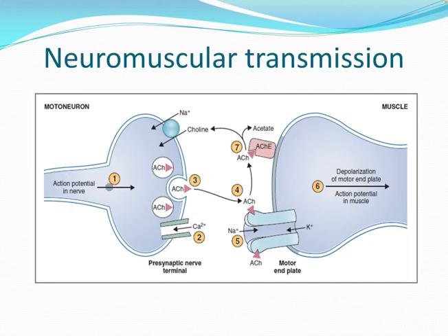So these are the steps of neuromuscular transmission. The propagated action potential reaches the nerve terminal and leads to the opening of voltage gated calcium channels, and calcium enters from the extracellular fluid into the nerve terminal. This helps in the docking of the vesicle to the nerve terminal membrane and thus releases acetylcholine as quanta or packets.